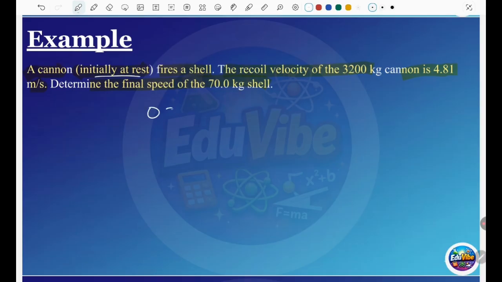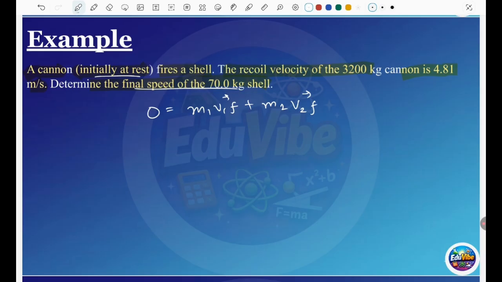So we have the formula 0 is equal to m1 v1f plus m2 v2f. We have to find the final speed of the 70 kg shell.